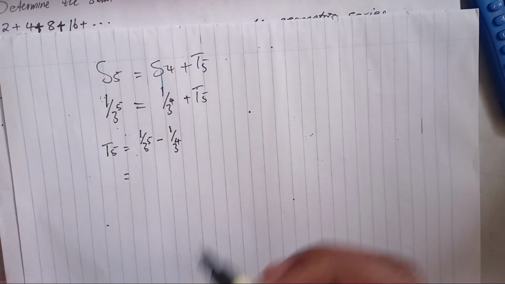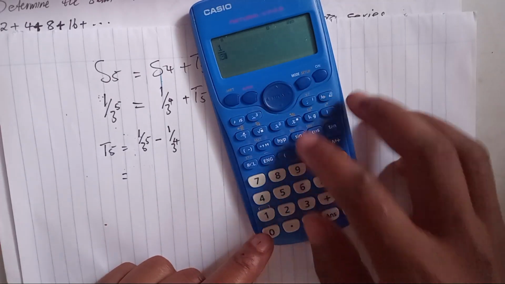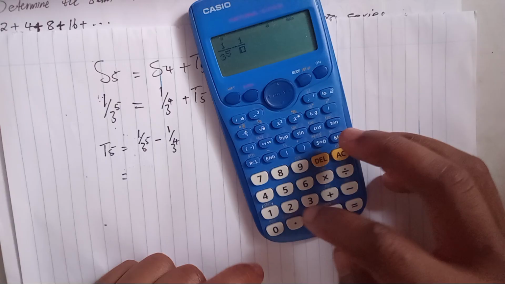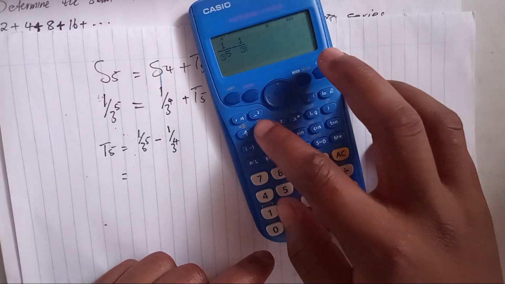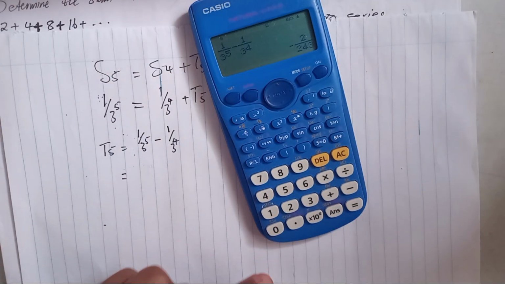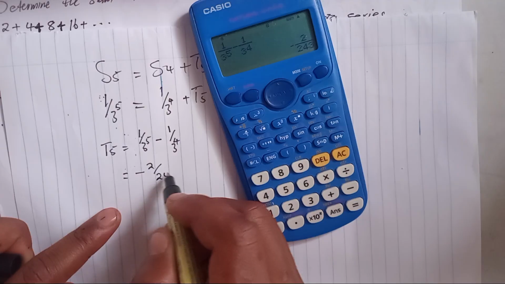And then we click the calculator, we get our answer. It gives us minus 2 over 243.